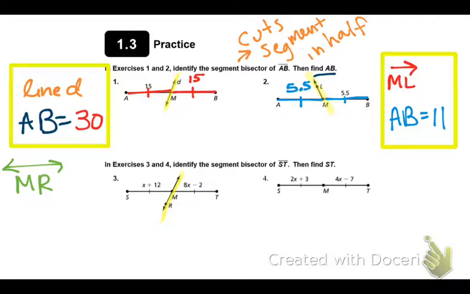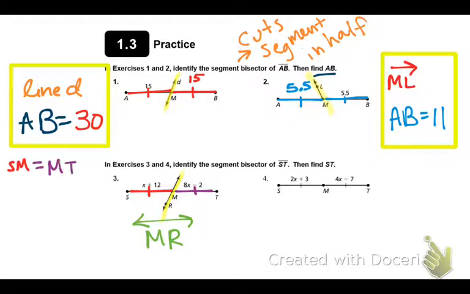And actually, I'll move this over here. So then, you should notice the tick marks. The tick marks mean that the length of SM is going to be congruent to the length of MT. So equal, right?